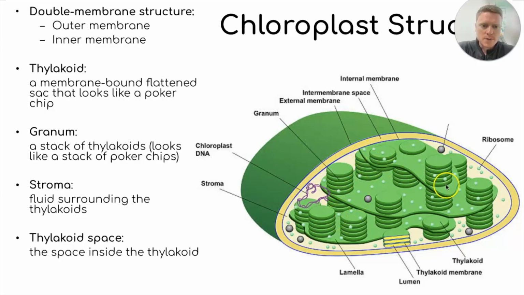That probably just allows for some flow of products and reactants within those chemical reactions of photosynthesis, and some sharing of substances to make sure that the entire chloroplast has everything that it needs. But we'll really focus on the thylakoid membrane, the thylakoid space, and the stroma when we talk about the light-dependent reactions and the Calvin cycle.